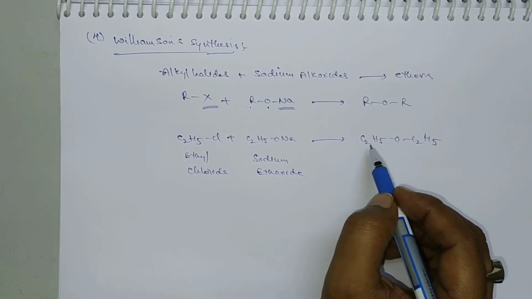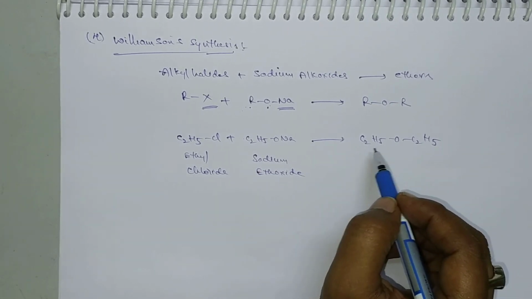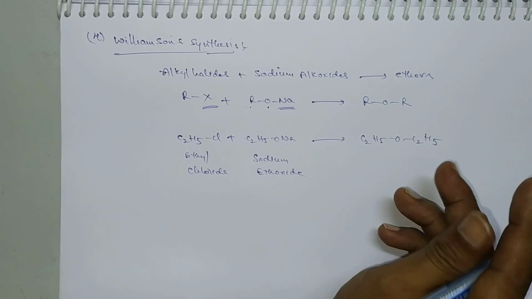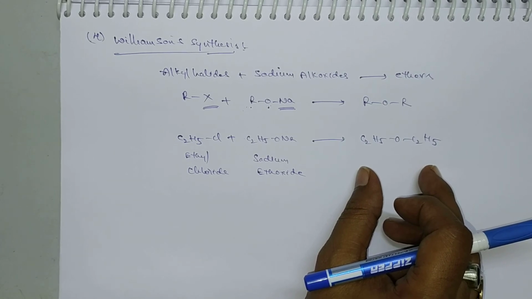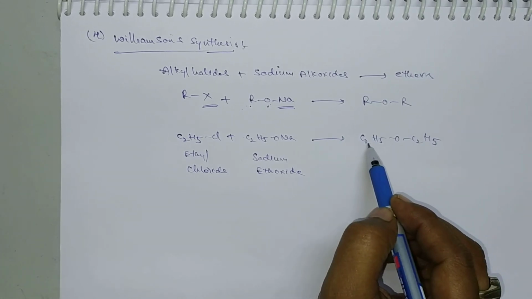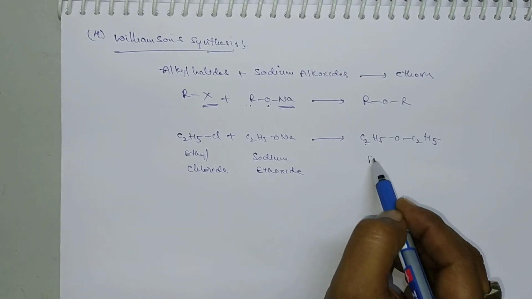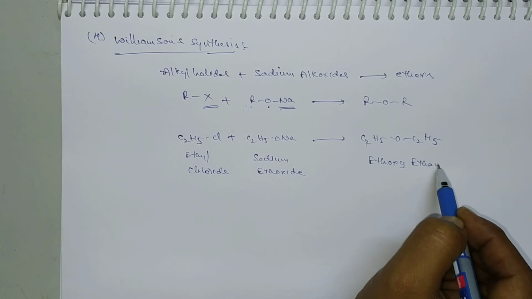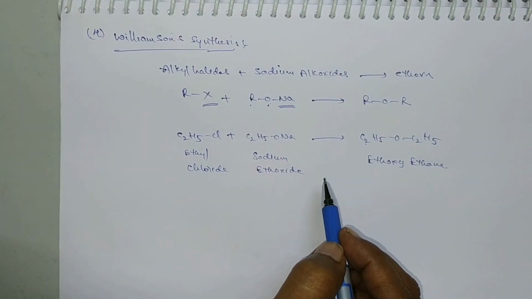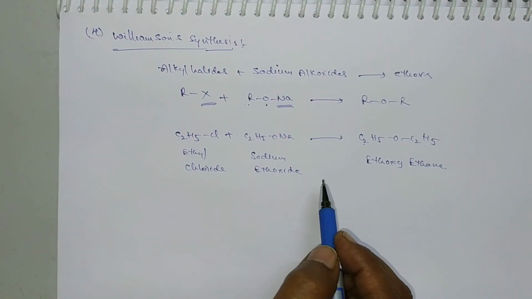These are ethers, called alkoxy alkanes. This is the IUPAC name of ethers. I have explained the IUPAC names in detail in a separate video, you go through that video. So this is ethoxyethane. This is about Williamson synthesis.